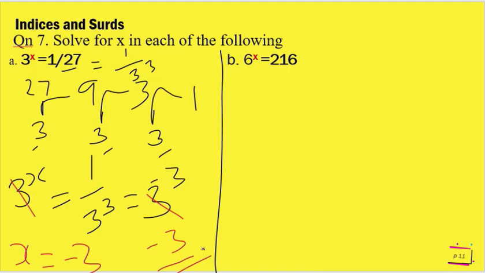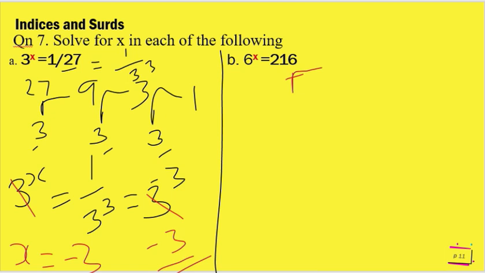Second question now, it dictates that also we should write 216 as base and index, but the base must be 6. Therefore we are dividing everything by 6. If you divide 216 by 6, what are you supposed to get?